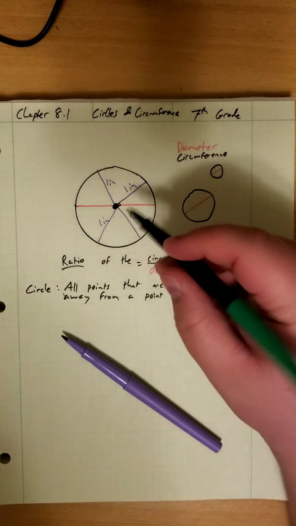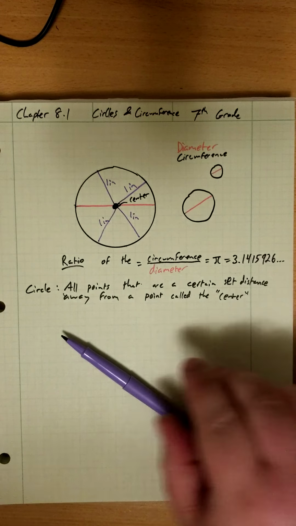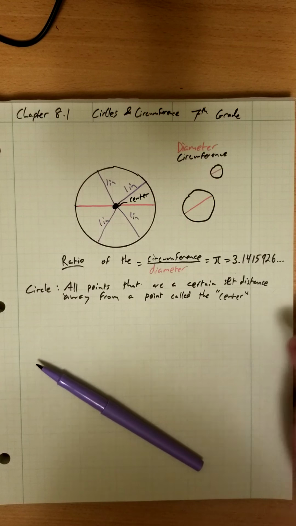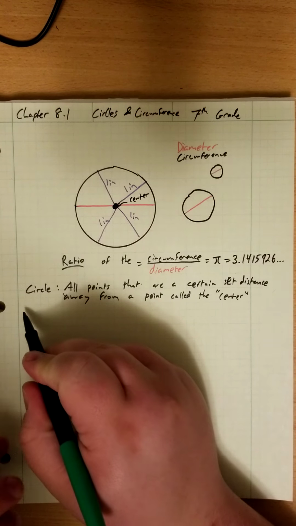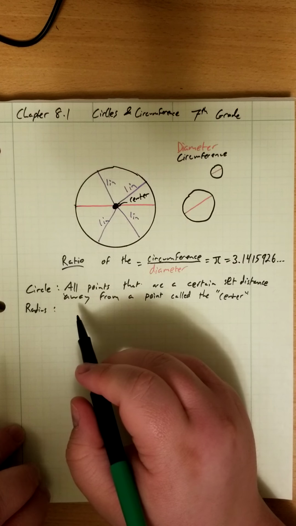So this point right here is called the center, and that distance is called the radius.